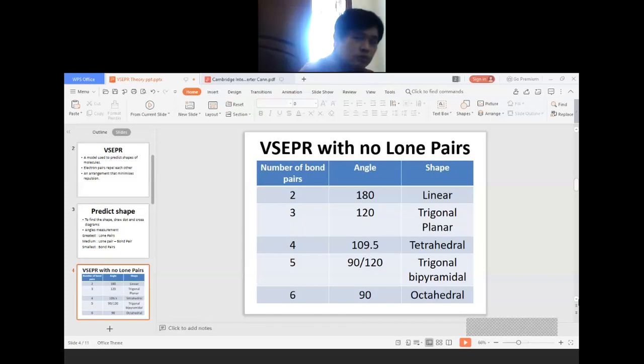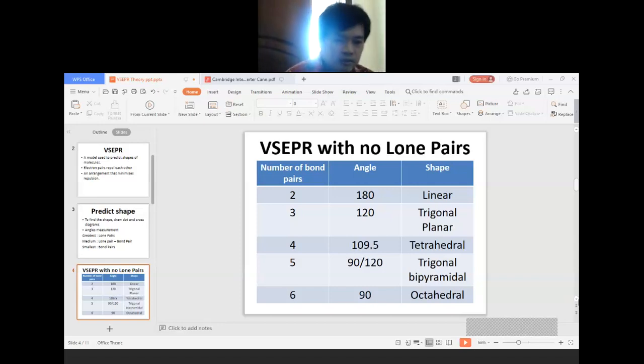There are two, three, four, five, and six bond pairs. Two bond pairs have an angle of 180, and the shape is linear.